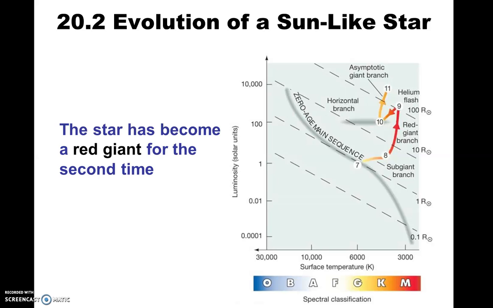So the star reaches this point of relative equilibrium, converting helium in the inner core into carbon, and of course the outer shell, I should say, of helium into carbon, and then the shell that's surrounding that of hydrogen into helium.